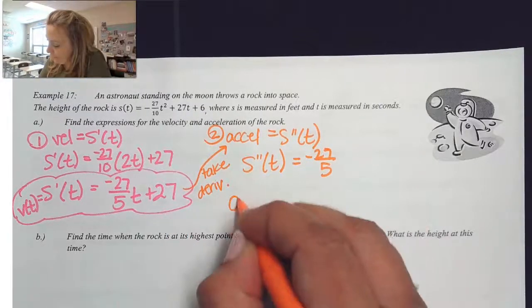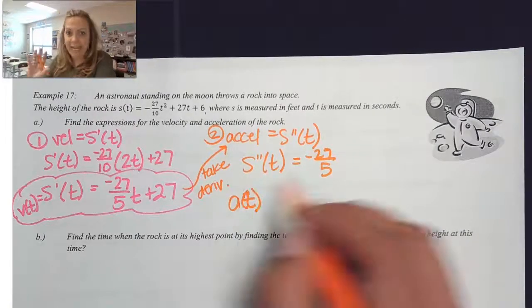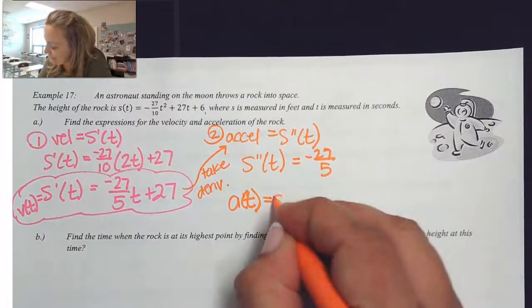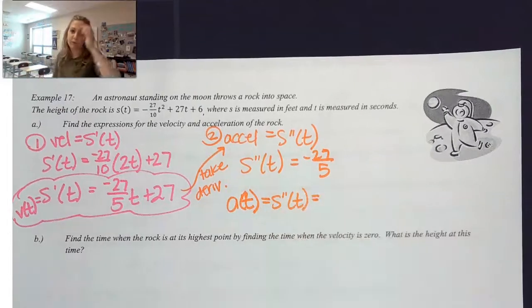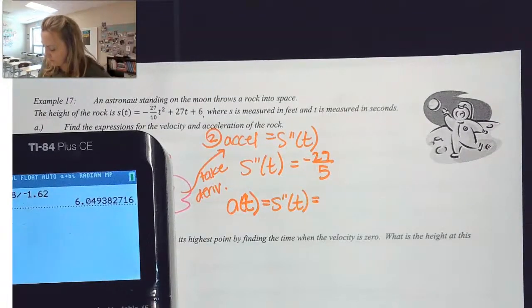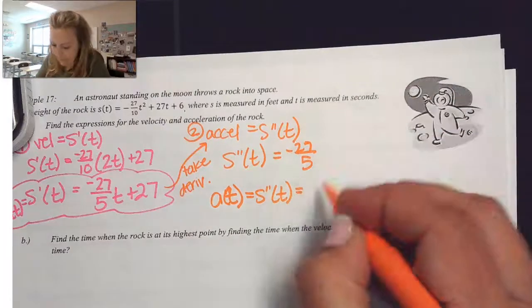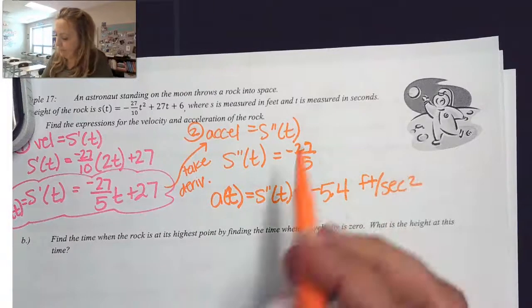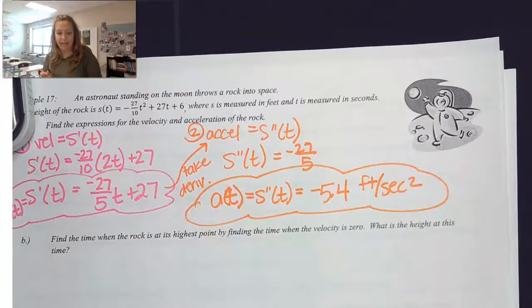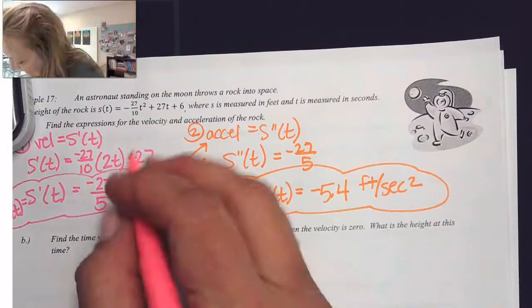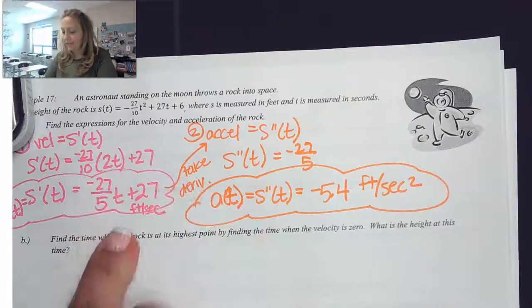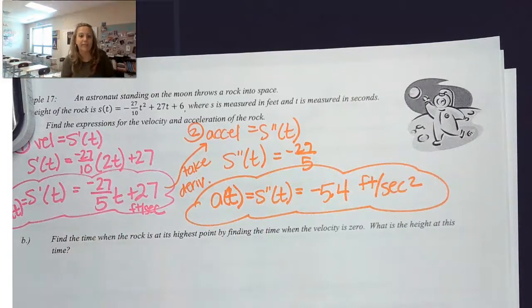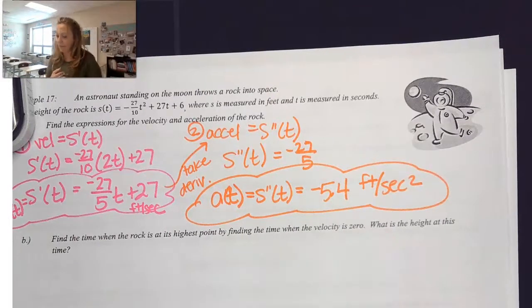And so then that means that our a of t, which is the same as s double prime of t, would be negative 27 over 5. Let's put that as a decimal. So that's going to be about negative 5.4 feet per second squared. So the velocity is negative 27/5 t plus 27 feet per second, and the acceleration, notice, would always be negative 5.4 feet per second squared.